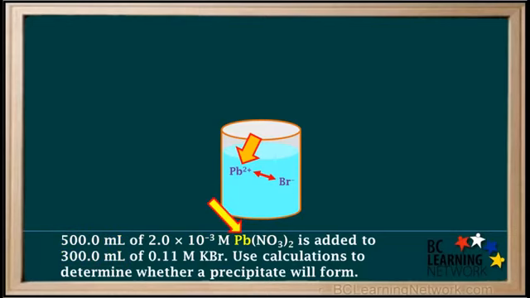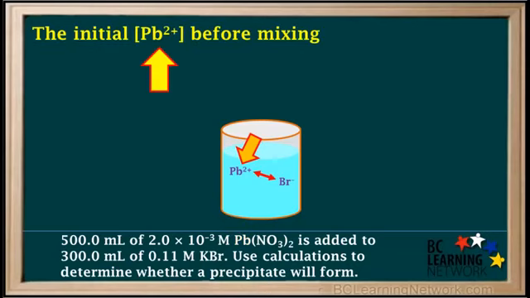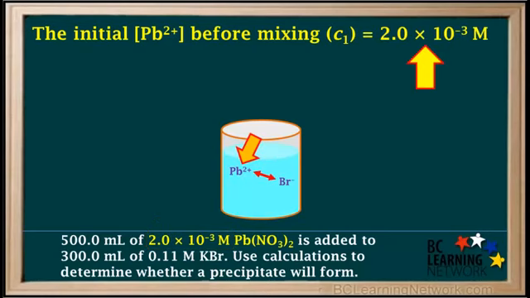Because PbNO3 contains 1 Pb2+ ion, the initial concentration of Pb2+ before mixing, which we'll call C1, is the same as the initial concentration of PbNO3 before mixing, which is 2 times 10 to the negative third molar, which we'll make a note of up here.